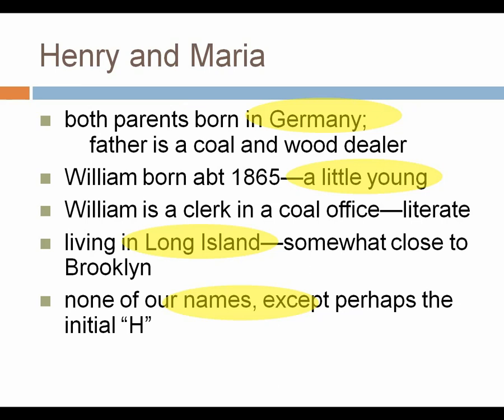That indicates he's literate, which would be a requirement for somebody who became a journalist. He is living in Long Island, which is somewhat close to Brooklyn. We don't have any of the names except for perhaps that William H. might be Henry, and now I do know it is. But it is a possible family.